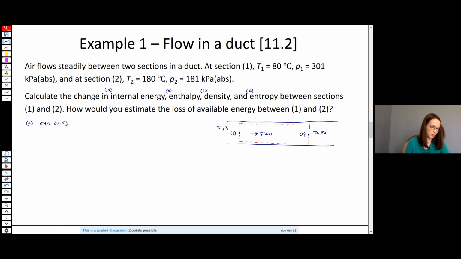Equation 11.5 tells us that U2 minus U1 is equal to C_V times (T2 minus T1). Great, we're almost there. We have our two temperatures. We just need C_V. We also just derived an expression for that.